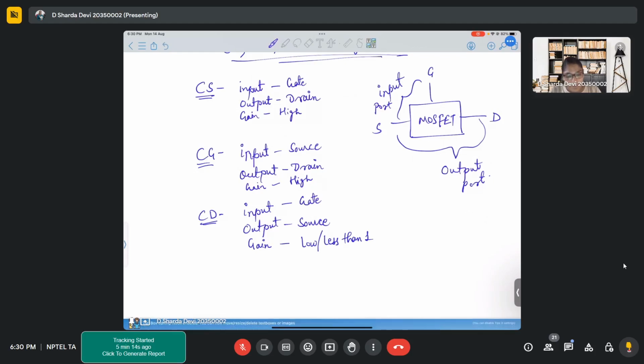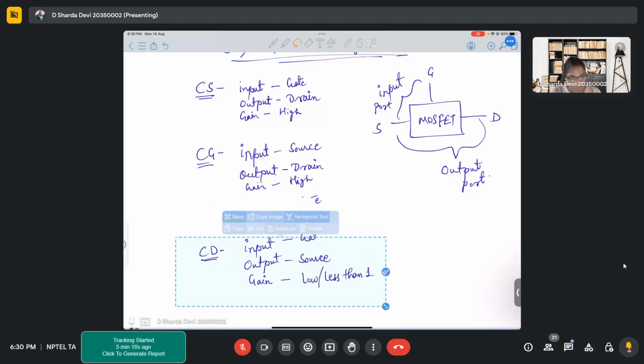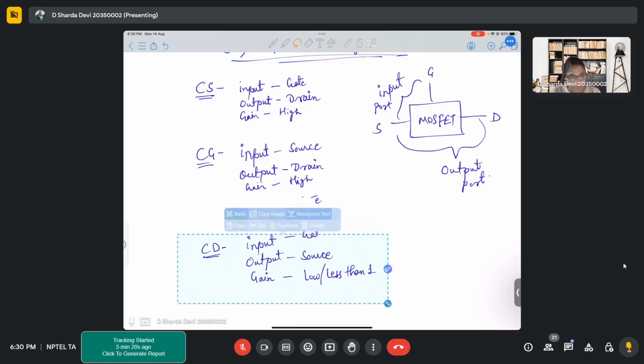Other than that, if the gains are similar, then what makes common source and common gate different, right? That might be the question. So see, when you observe very carefully, you are giving input at gate in common source.